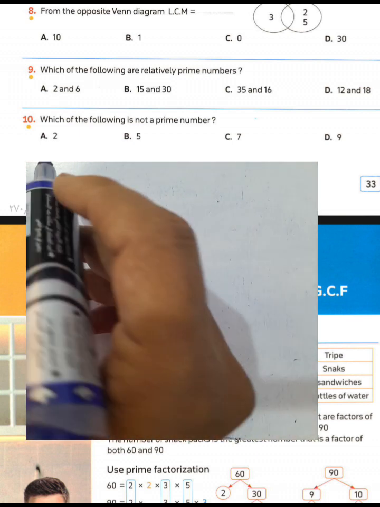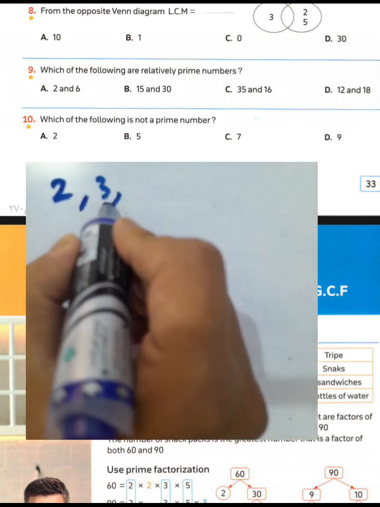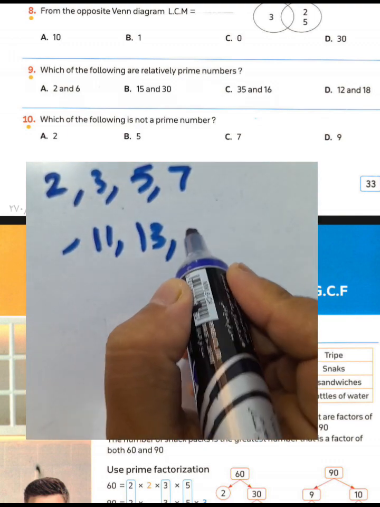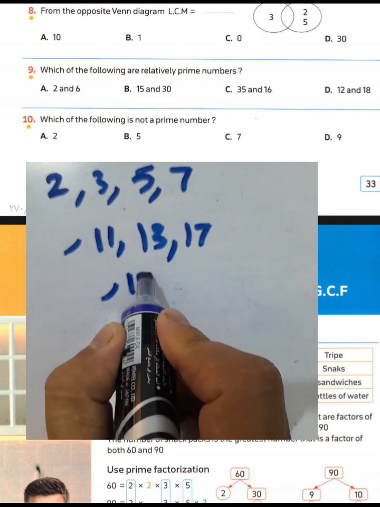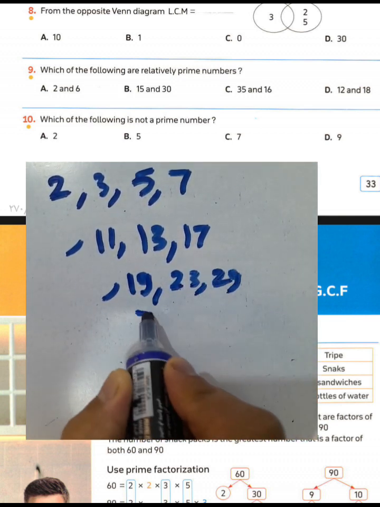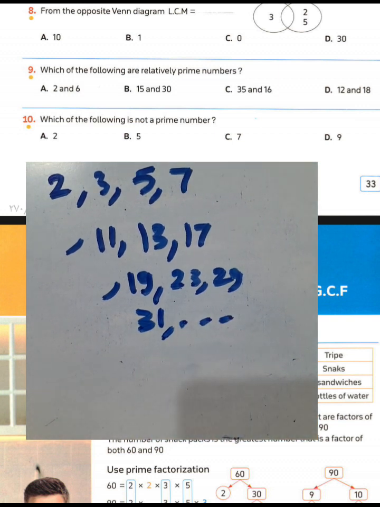Then the prime numbers we can write: 2, 3, 5, 7, 11, 13, 17, 19, 23, 29, 31, and so on. Okay? So the prime number has only two factors. It can divide by 1 and itself only.